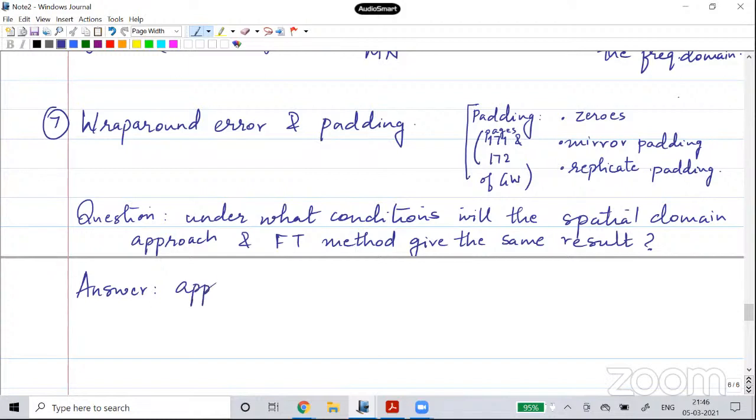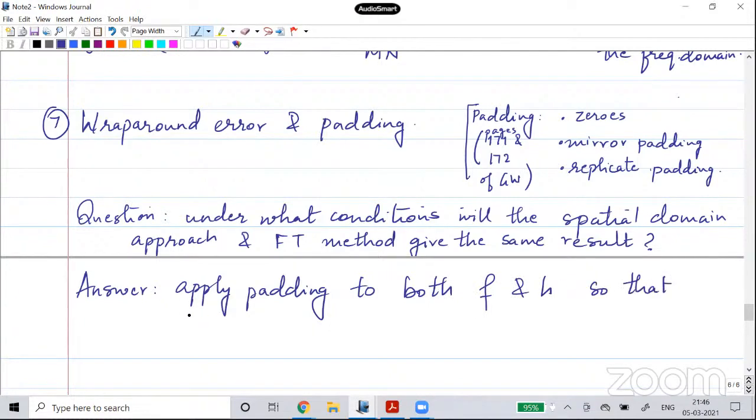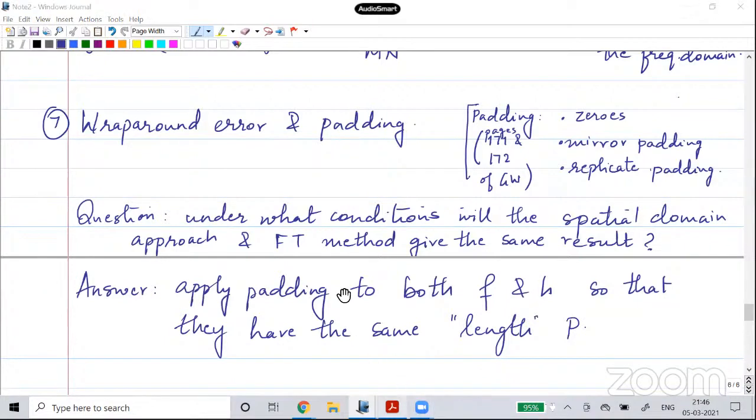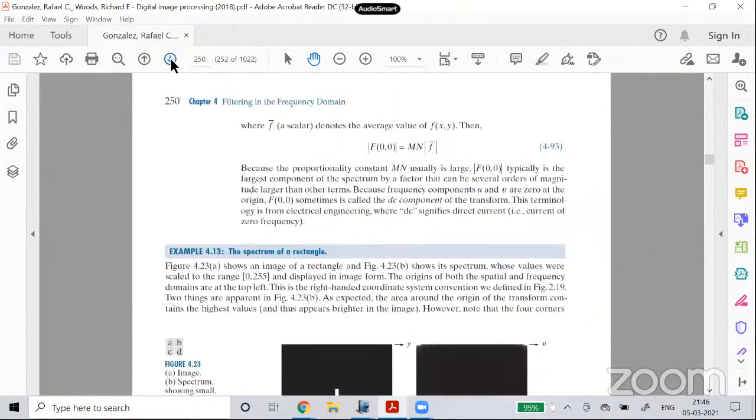So you apply padding to both the function as well as the kernel, both f and h, so that they have the same length P. I can quickly describe to you what happens through this image.